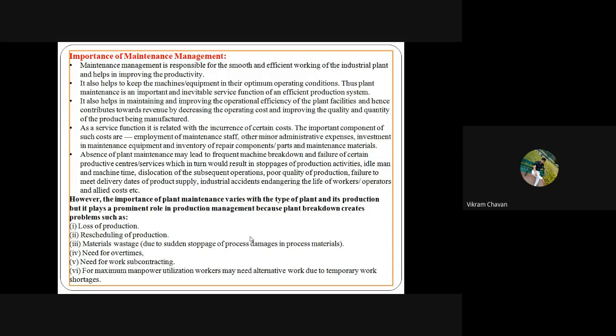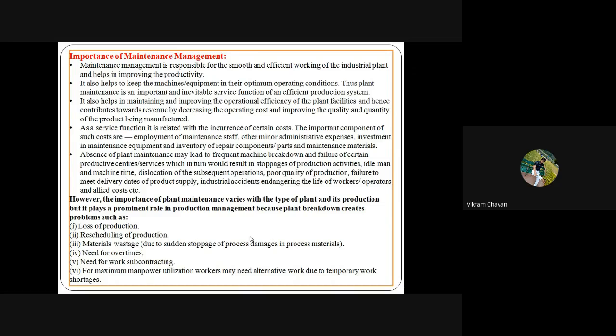In simple language, how efficiently we are converting the input into output, that is the productivity. Then how can we achieve this higher productivity? By optimum operational conditions.